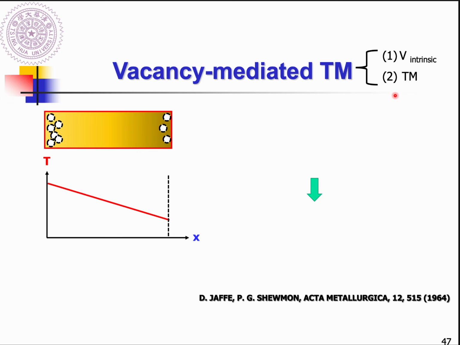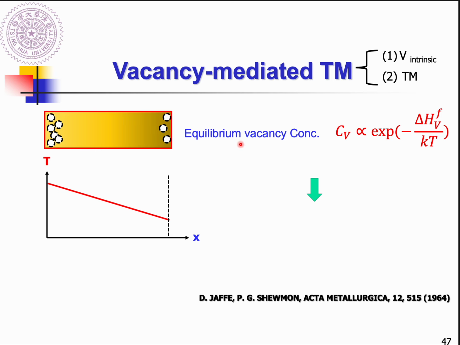And the second one is what you learned from previous slides: this material will have a thermal migration. So these two factors will affect the atomic flux, right? First of all, we consider the first one, due to the vacancy variation; the vacancy concentration is dependent on the temperature.